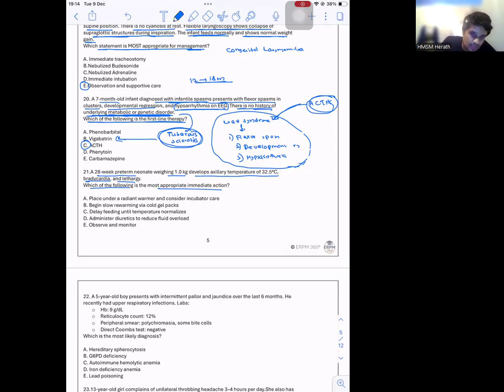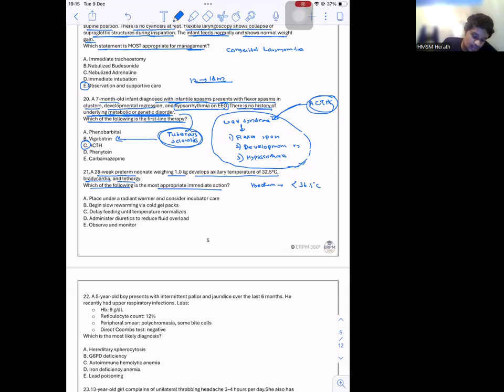Hypothermia means the temperature usually below 36.5. Neonatal hypothermia is very severe because they can develop complications like respiratory depression and hypoglycemia. Many complications can arise due to hypothermia itself, so it should be managed immediately.